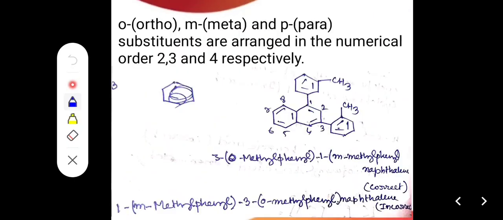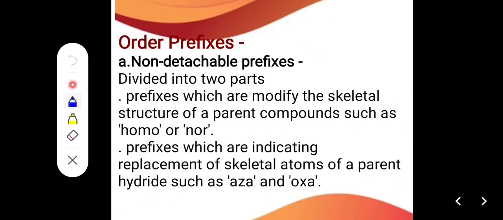This is the short topic I discussed about this. Now the order of prefixes. Non-detachable prefixes are divided into two parts. Basically there are two types of prefixes, one is non-detachable, the other is detachable. The non-detachable prefixes are prefixes which modify the skeletal structure of a parent compound, such as homo or nor.